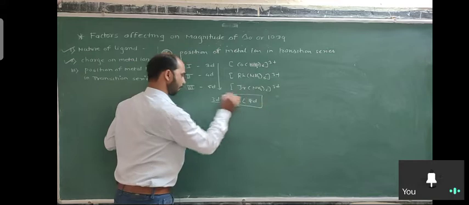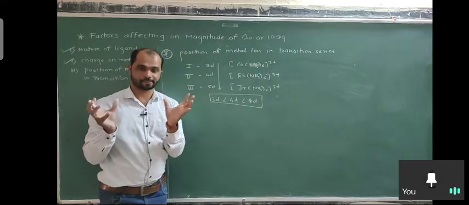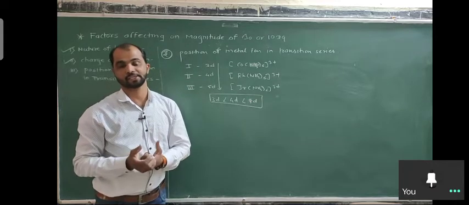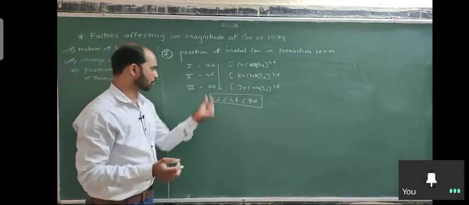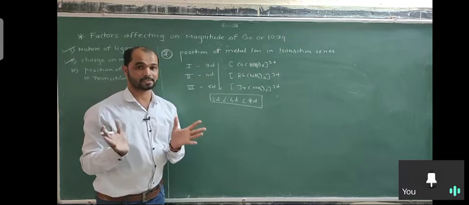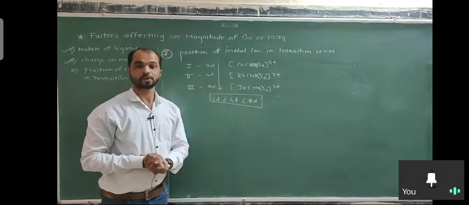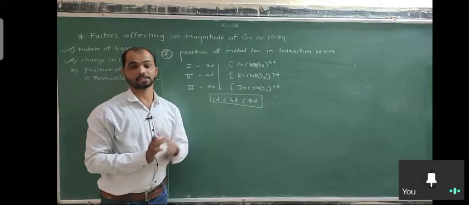So the larger the space of the d orbital, the higher the splitting. 5d splits more easily due to its larger size as compared to 4d, and 4d splits more as compared to 3d.